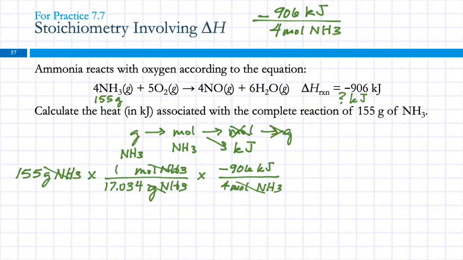So I do the math, 155 divided by 17.034 times negative 906. I often forget this number in the denominator. Divided by 4, and I come up with negative 2061, should have 3 sig figs, 0.0 kilojoules.